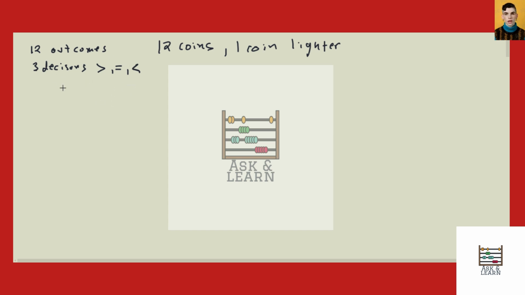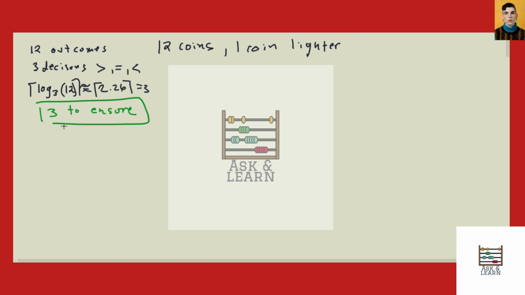To approximate how many decisions we would need, we would do log base 3, the number of decisions, of 12, the outcomes. This is something around 2.26, and then we would just take the ceiling function of this to say 3. So 3 to ensure.